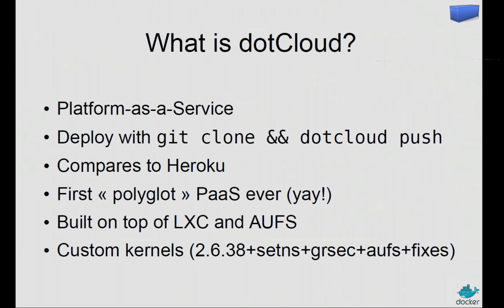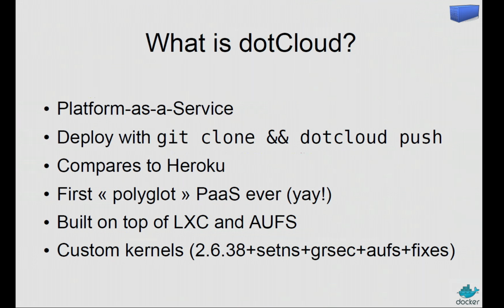We were like the first polyglot PaaS ever, which means we had support for multiple languages before that word was even coined by Heroku. And most importantly, it was built on top of LXC, the Linux container technology, and AUFS, which is a file system technology about which I will talk a bit later.